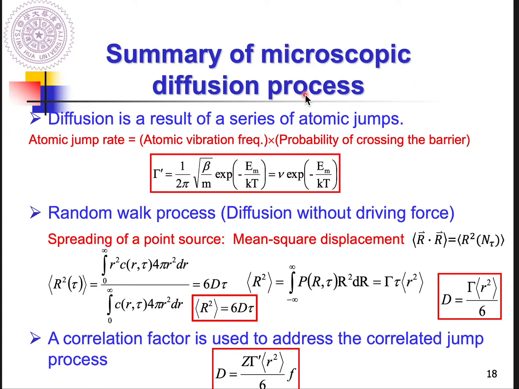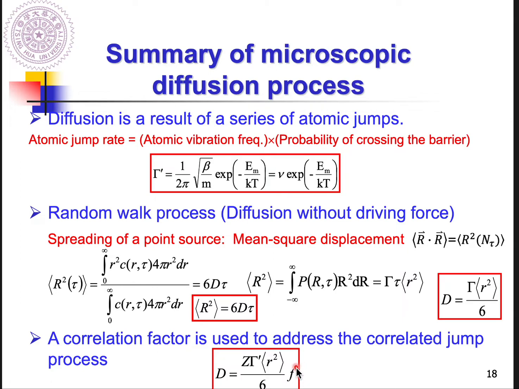So here we just want to tell you that for the diffusivity, you got these results from the first and second sections, but consider using this equation. For most cases, we need to put the f in to modify it.